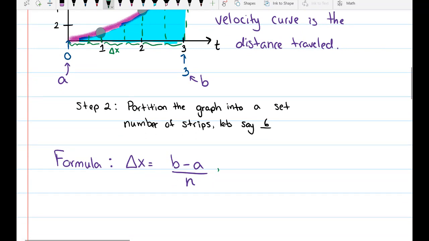This gives you the width of each partition, where a and b are the endpoints, and n is the number of partitions. So delta x is equal to 3 minus 0 divided by 6, which is 3 over 6, which is equal to 1/2.